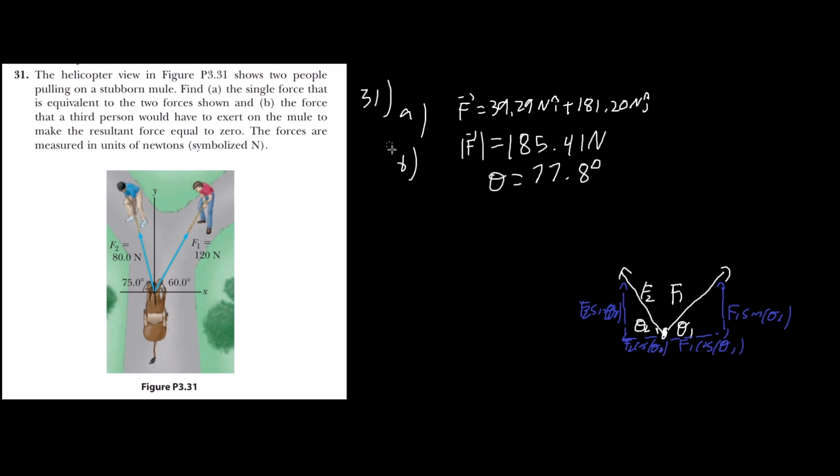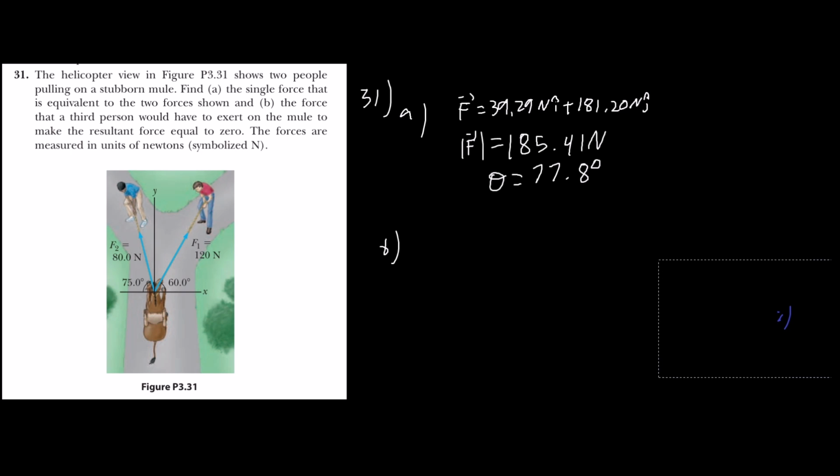Now for part B, part B is a bit strange because what we just found, folks, is this. We found the resulting force F. We found out that this is going to be 185.41 newtons, and this angle is going to be 77.8 degrees. So that's going to be the resulting force equivalent to these two forces being added.